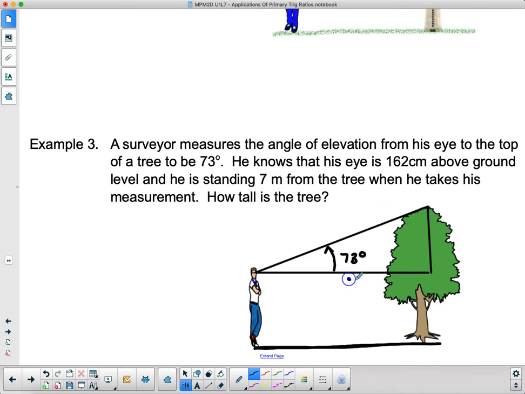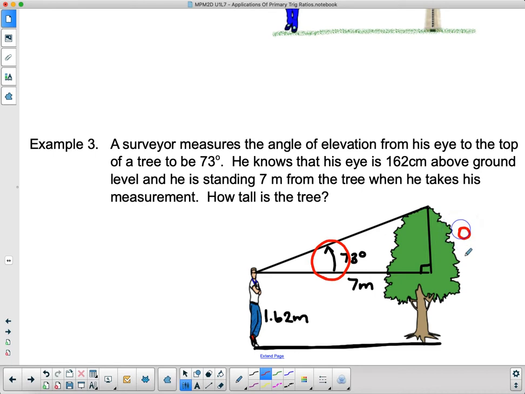So he's 7 meters from the tree, and he knows his eye height is 162 centimeters. I'm going to change that into meters right now. So this distance here is 1.62 meters. And we're asked how tall the tree is. So this is a right angle triangle because vertical height meets horizontal level. So we're going to take a look at, let's change the color. Here's my angle.